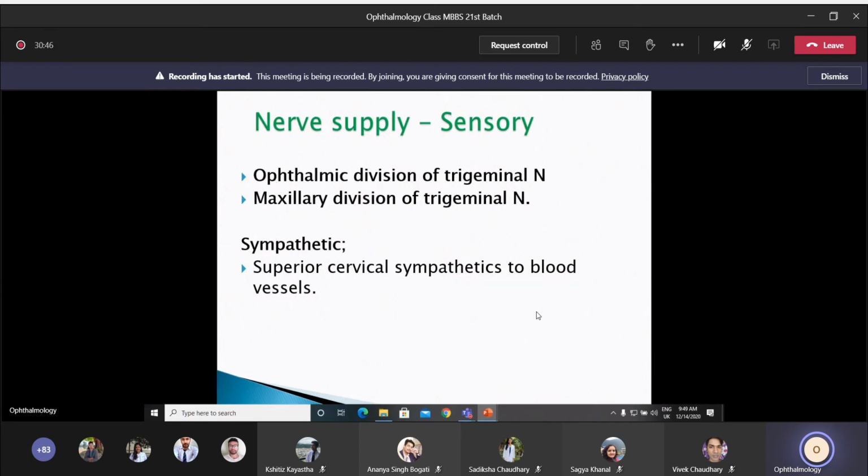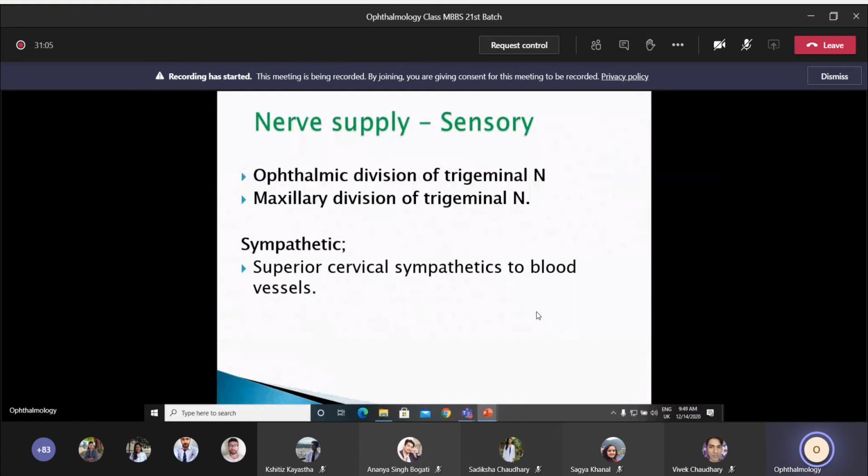Now, that's briefly about the anatomy. Now coming to the nerve supply of the conjunctiva, the sensory supply is by the ophthalmic and maxillary divisions of the trigeminal nerve. Okay, so both by the ophthalmic and maxillary divisions of the trigeminal nerve, and the sympathetic supply is by the superior cervical sympathetics to the blood vessels.